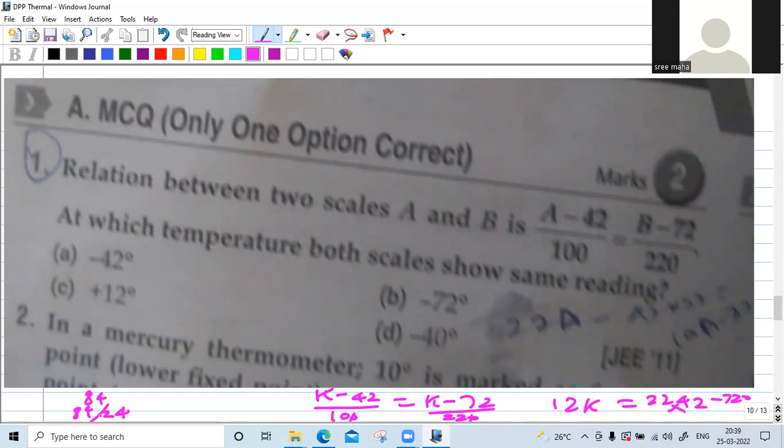So 924. So it's 924 minus 720. So that is 204. So 204 by 12. So we do 12 into 17.